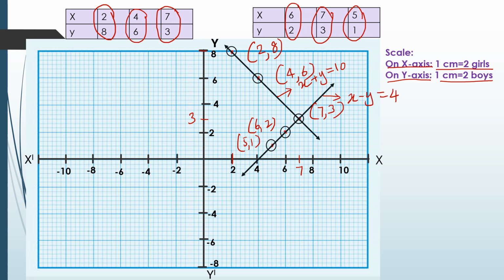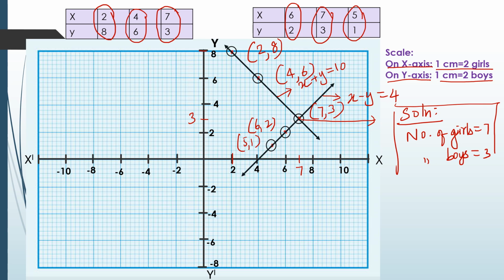And now the point at which they intersect each other is the solution. So we can write x is 7 and y is 3. So the answer is, number of girls is 7, and number of boys is 3. So this is how you need to solve a pair of linear equations using graphical method.